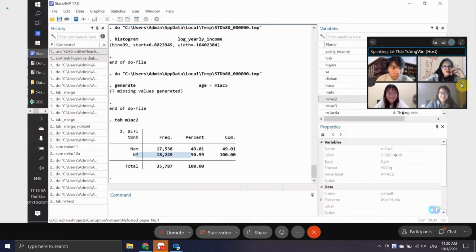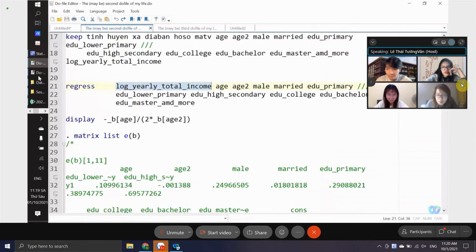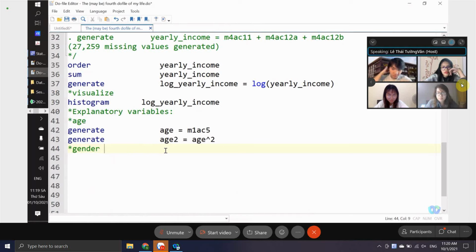Now, ladies and gentlemen, let's go on. So this is the so-called variable. This is not an ordinal number, right? So gender, generate gender.